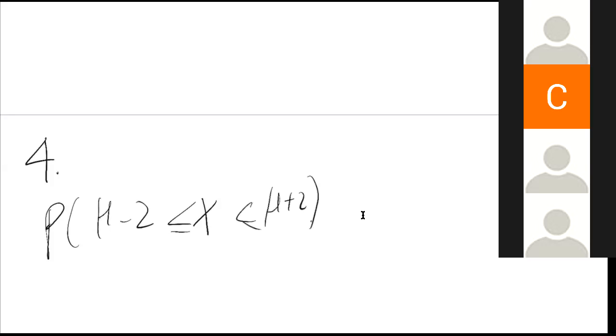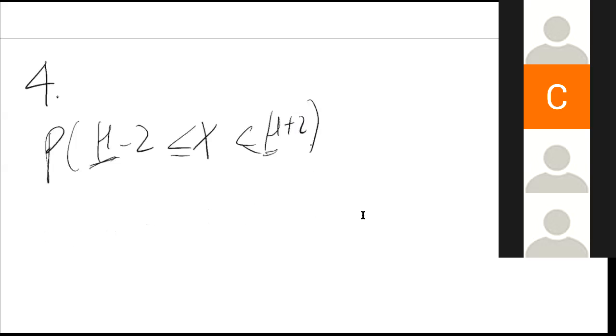We want to calculate the probability that the sample mean falls within 2 years of the true population mean. So the thing we want to calculate is for the random variable x, the probability of being between -2 and +2 of the true population mean, but we don't know this population mean.